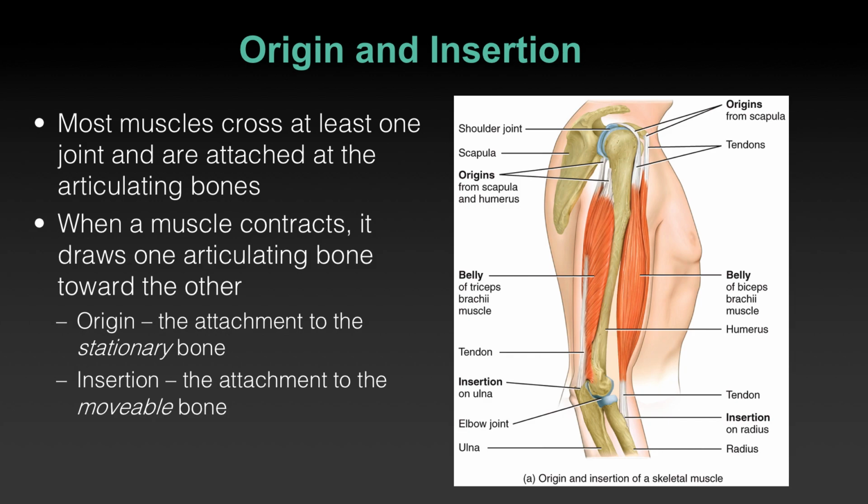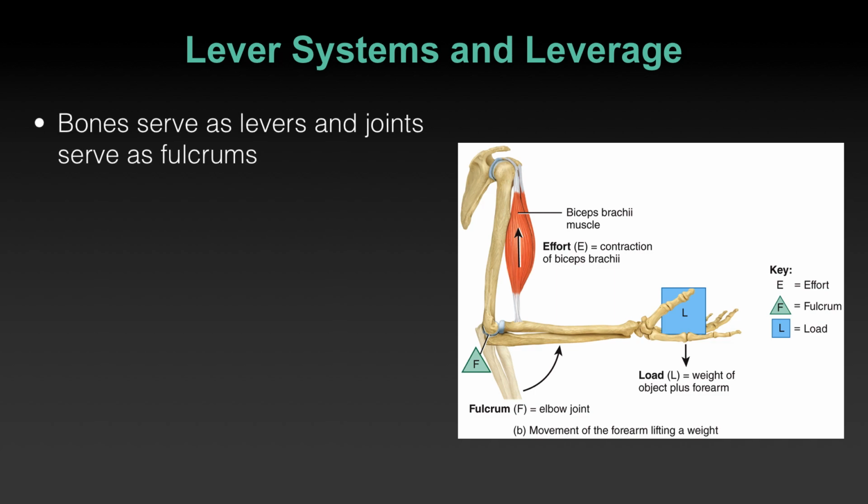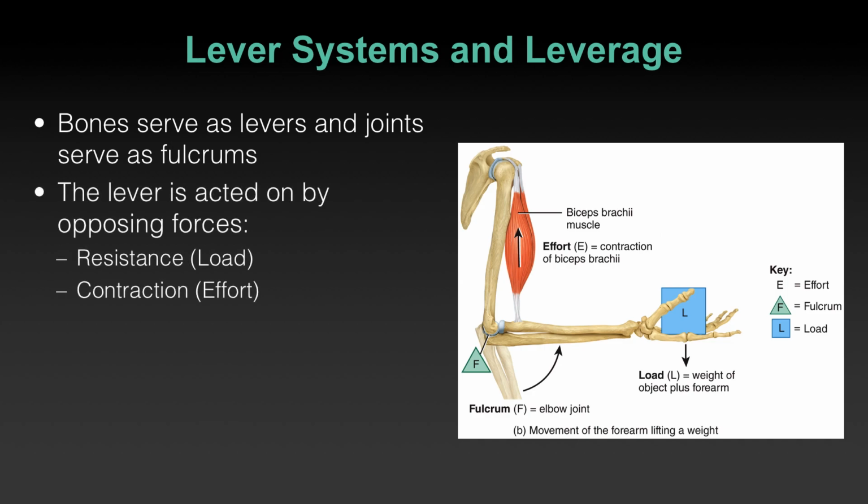How do muscles create motion? Everything, like you'll learn in biomechanics about motion and muscles acting on bones, is leverage, the creation of a lever. So bones serve as the levers, joints serve as a fulcrum or a pivot point about which the joint rotates. And all we're doing is applying opposing force.